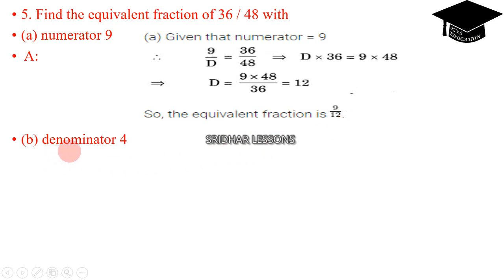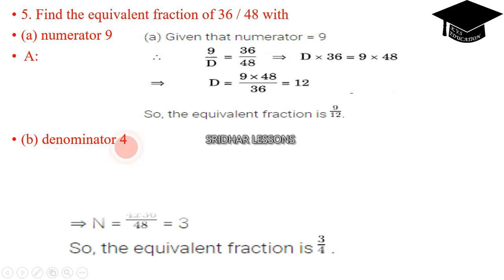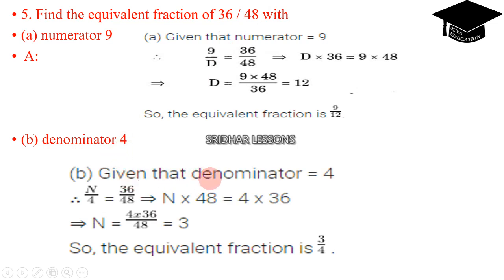Now we are going to find the equivalent fraction of 36 by 48 with denominator as 4. So the given denominator is equal to 4 and the fraction is n by 4. We call the numerator n because we don't know its value. n by 4 is equal to 36 by 48.